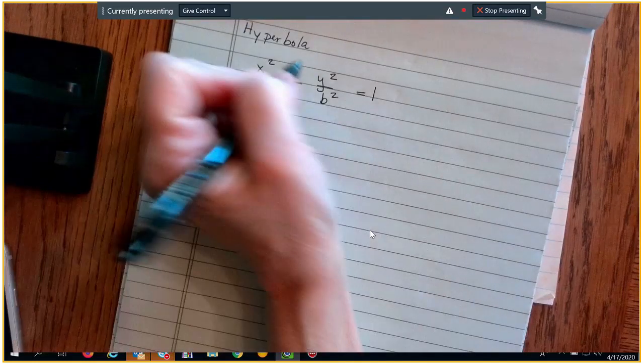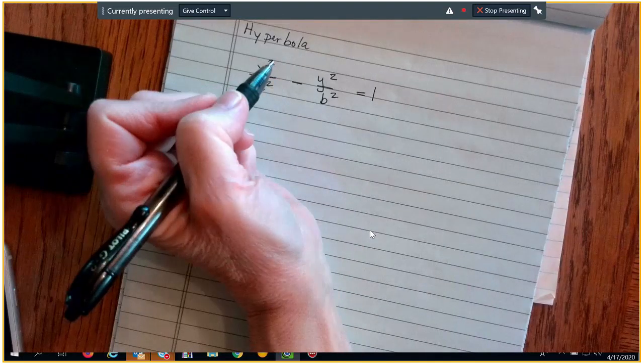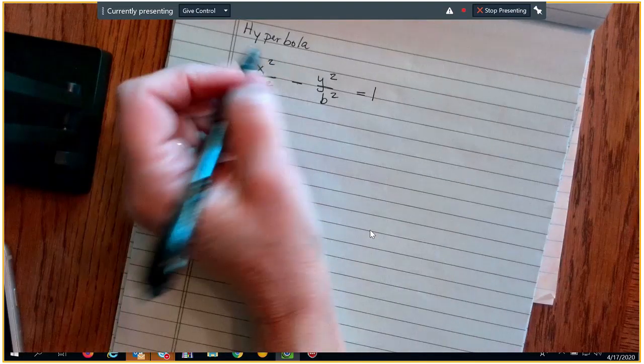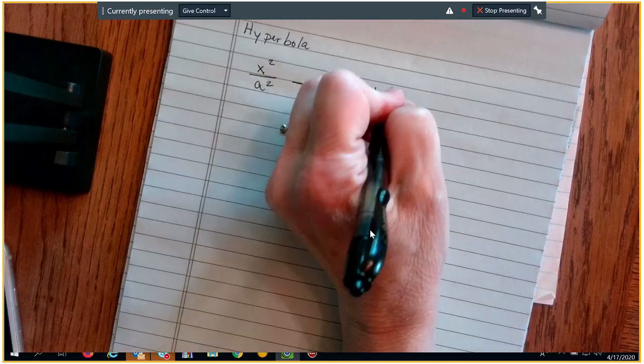And this is a hyperbola where the center is at the origin.